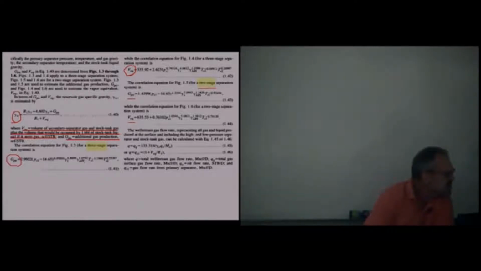Pressure of the separator. Temperature of the separator. How come I don't even know the pressure of the second stage separator? I don't know. But anyway, we're going to concentrate on this area right here.